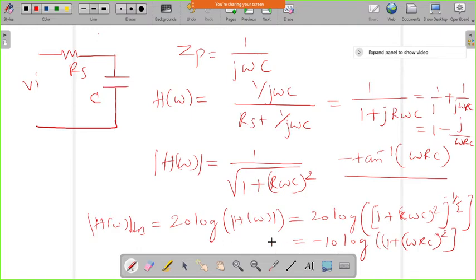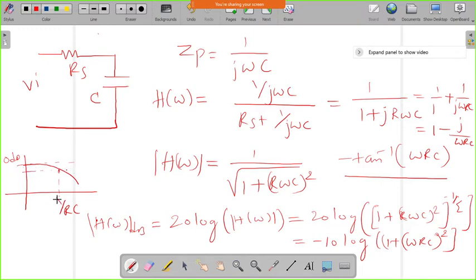Now if I plot the response of this, it will be like this: 0 dB having the maximum gain, and the flatness will come like this. This acts as a low pass filter, and wherever we have 1 by RC, that is the resonance point, from the maximum you will get 3 dB down.